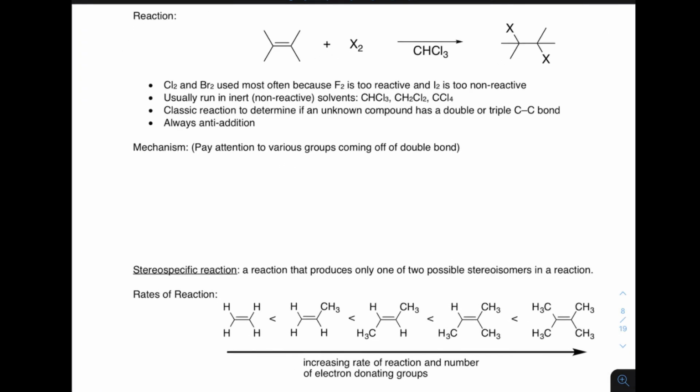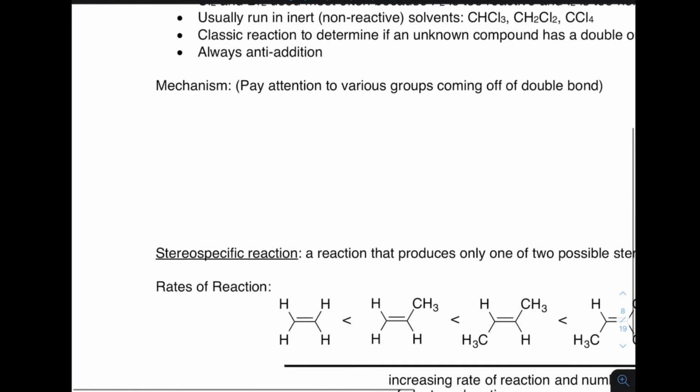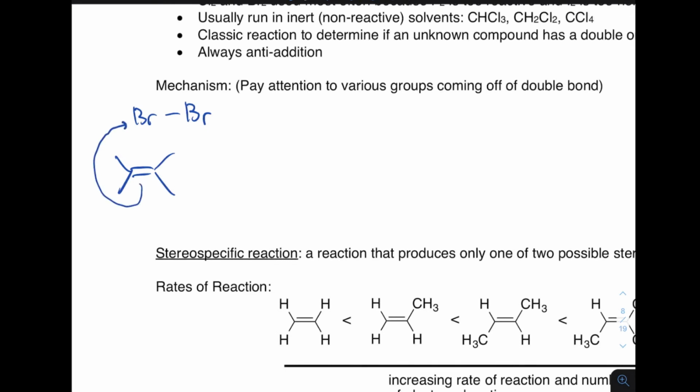It's going to look like this, keeping the same alkene from before. And let's say instead of X2, let's use an actual example. Let's say Br2. What we end up seeing is this interesting mechanism where the alkene attacks one of the bromines.